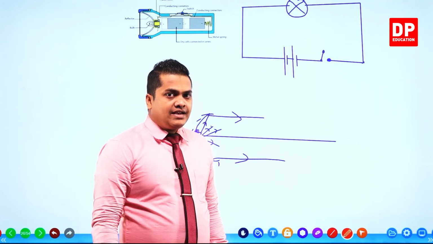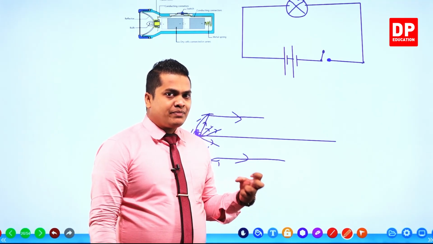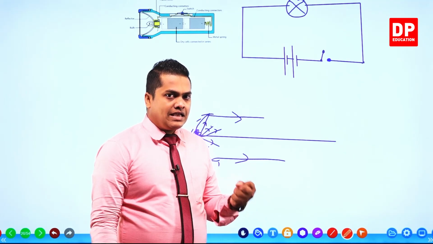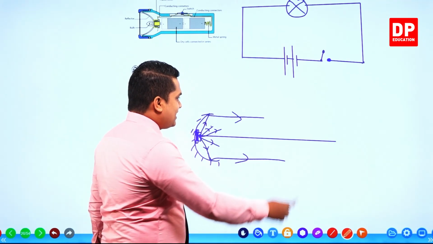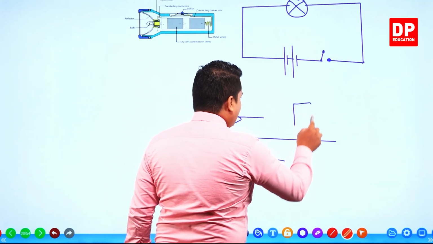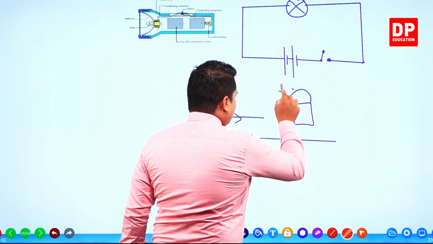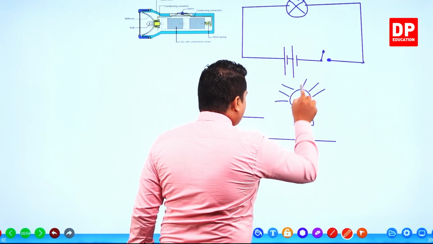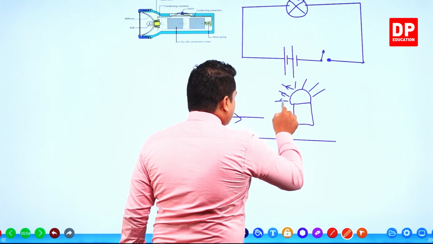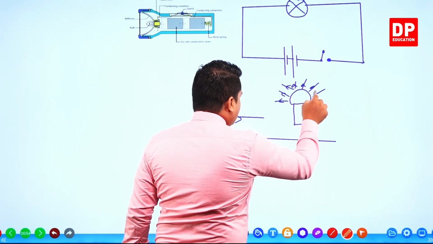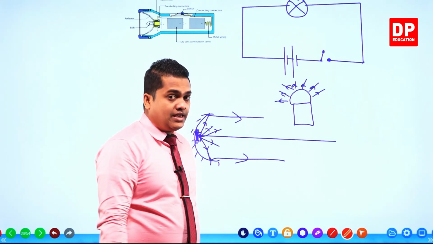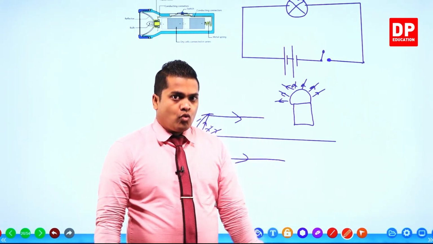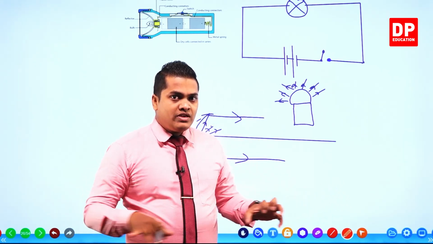Always the light energy which is produced by a certain light source is produced like this. These light rays are spreading here and there. So these light rays which are spreading here and there, that's why when you light up your room, the entire room is going to light up.